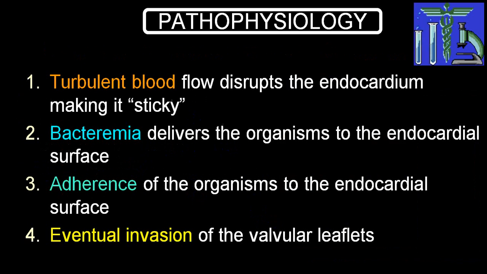Now we go to what we call pathophysiology. Basically, the person has to have an endocardial surface being damaged, either by valvular structure damage like valvular heart disease, maybe because of rheumatic or other conditions which produce damage to the endocardial surface of valvular structures, or maybe a congenital heart disease, maybe a cyanotic heart disease.